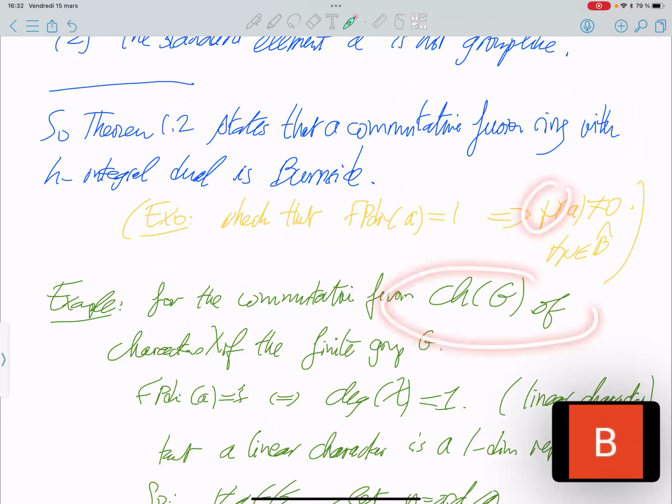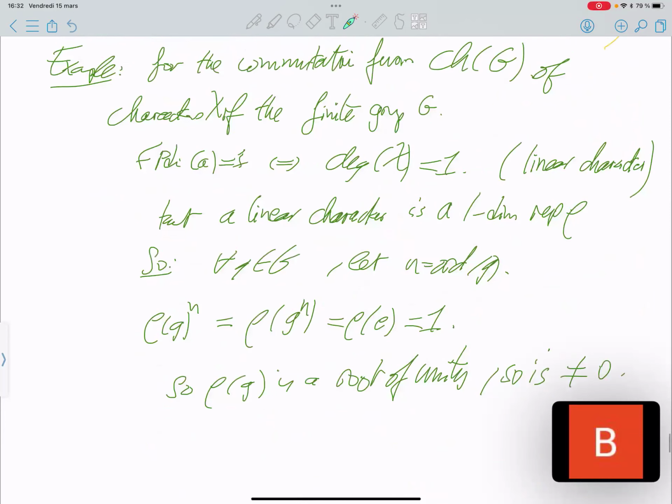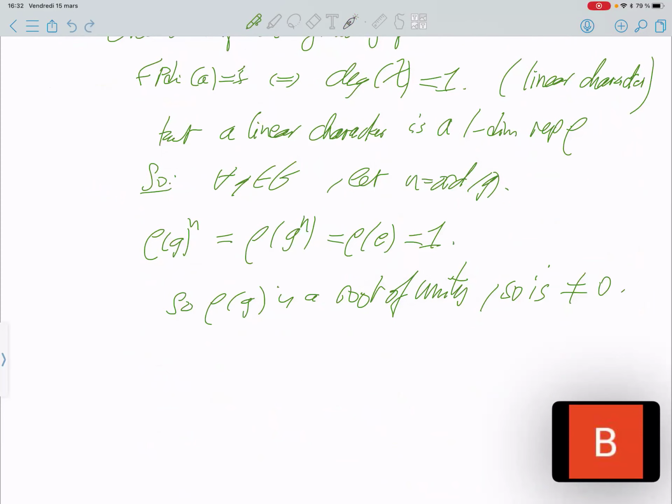In fact, it is given by one element of the group, with the above notation. Mu of rho equal rho of g.